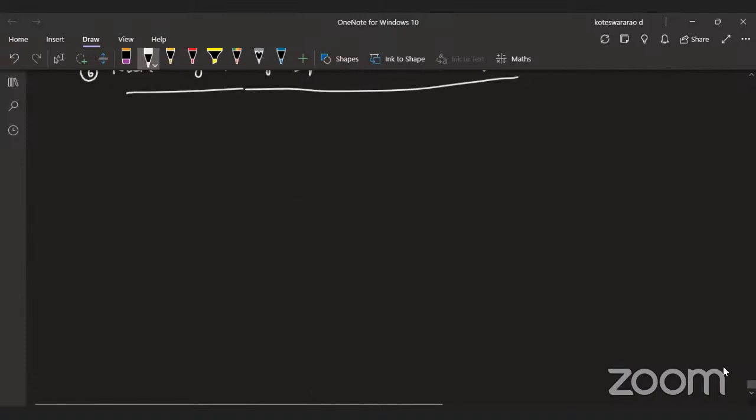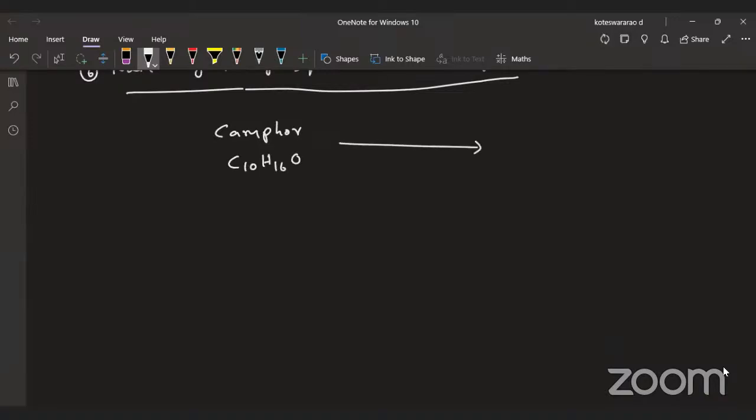Right. Here, you take camphor with the molecular formula C10H16O and treat it with zinc chloride or zinc distillation, or instead of zinc, you can also take phosphorus pentachloride.